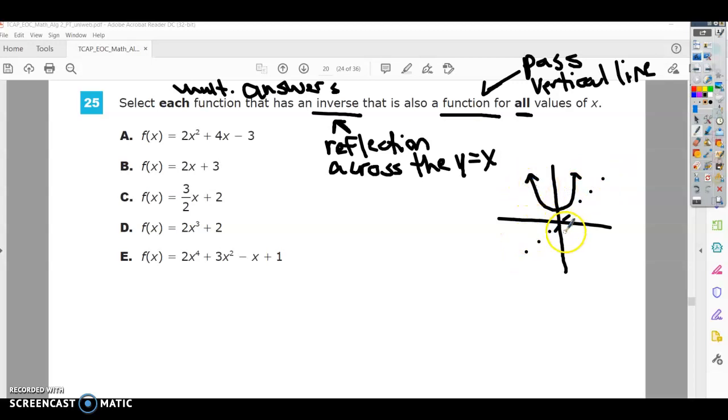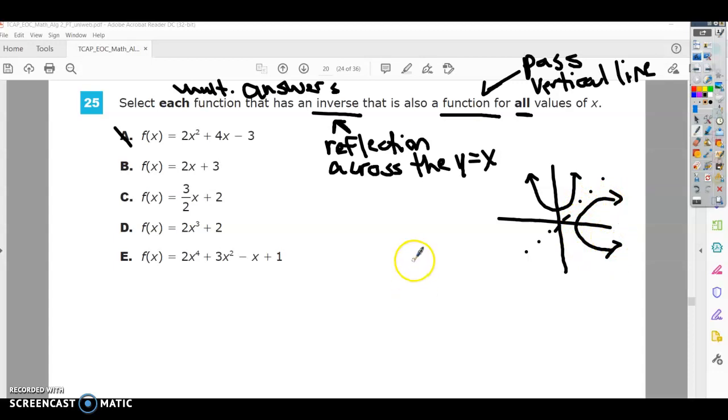The inverse is a reflection across this line, so I'm going to have a positive or negative square root function. So this one would not be a choice, because even though a quadratic function is a function, the positive and minus square root function is not a function.